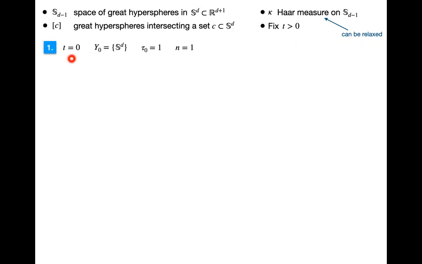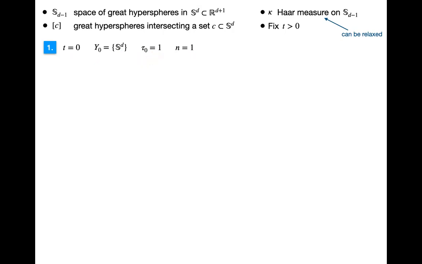At time 0, we have a tessellation of the sphere which only consists of one cell, namely the sphere itself. Tessellations will always be denoted by Y, and Y sub 0 is the tessellation that we have at time 0. We have a counter which we set to 1, and a random time which at step 0 is deterministic, just 1.